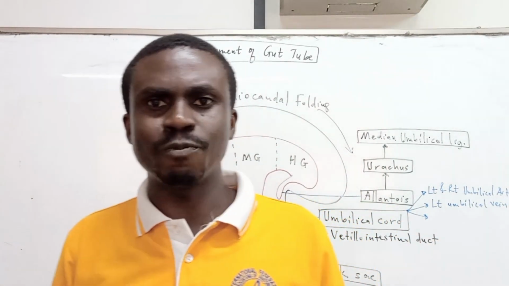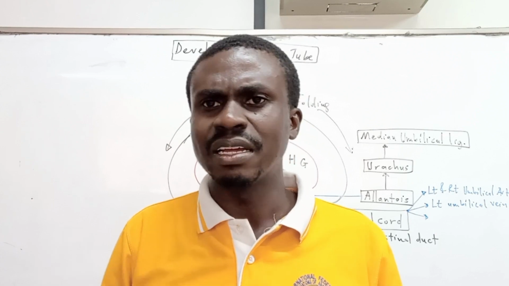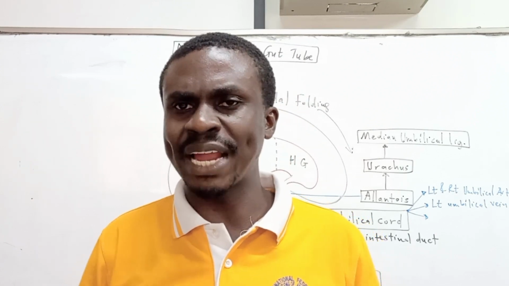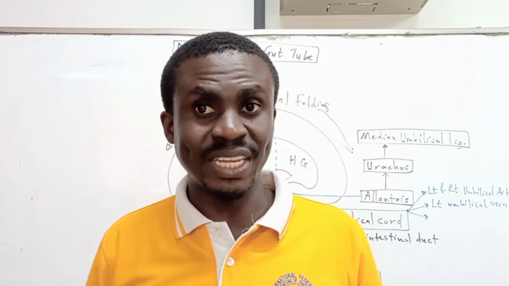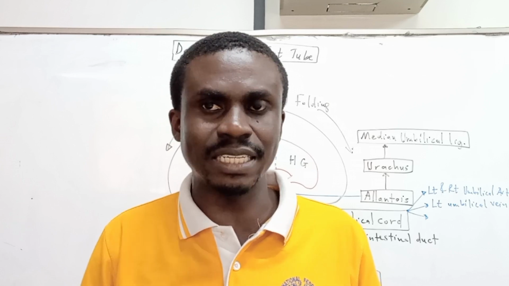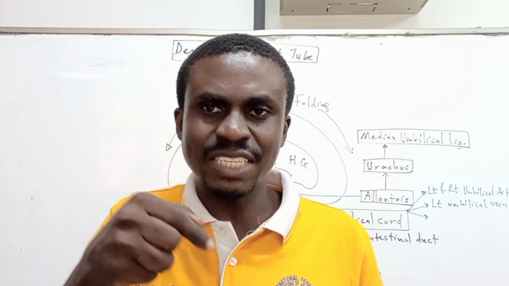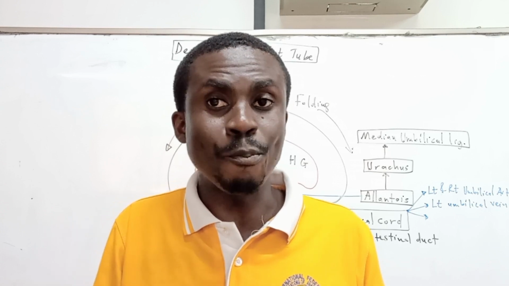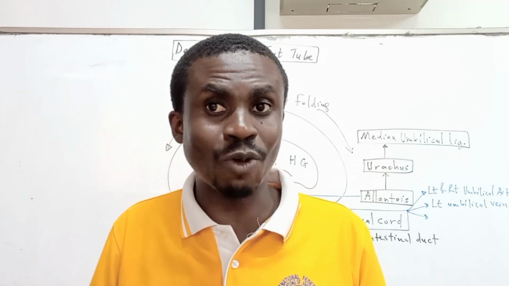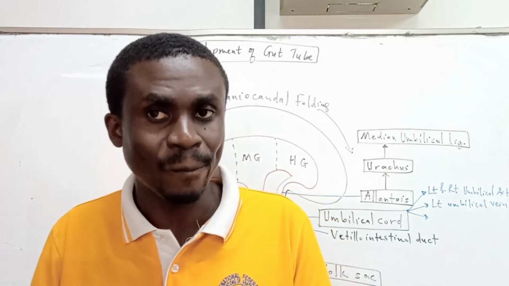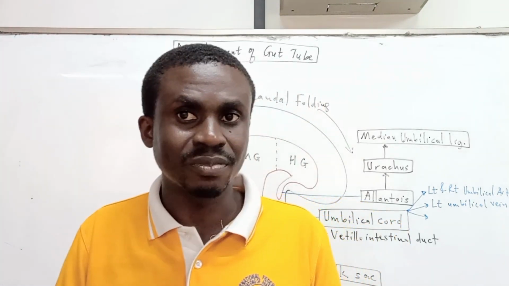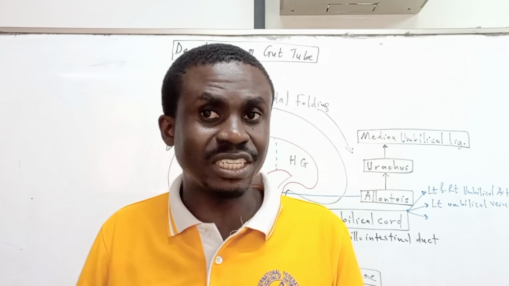Now, one thing is that postnatally, you can take the umbilical cord, take a section of it, and study it histologically, and you see the connective tissue, something we call mucous connective tissue. The umbilical cord has mucous connective tissue, or mucoid connective tissue, one of the embryonic connective tissues.